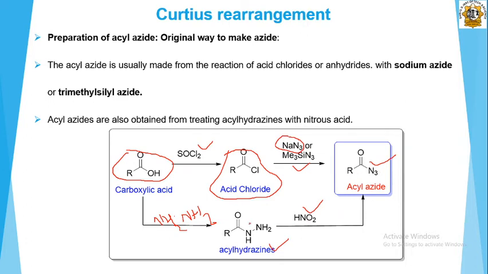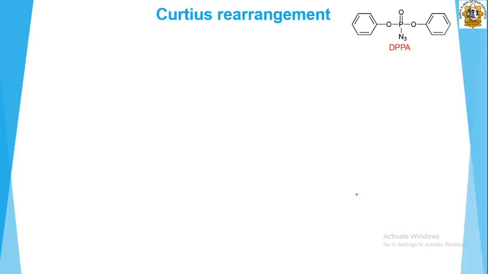So two nitrogens from here and one nitrogen from HNO2, nitrous acid. So you'll get acyl azide like this. This way we can make azides. Then Curtius rearrangement is the conversion or degradation of acyl azide to isocyanate. So that is our original reaction.